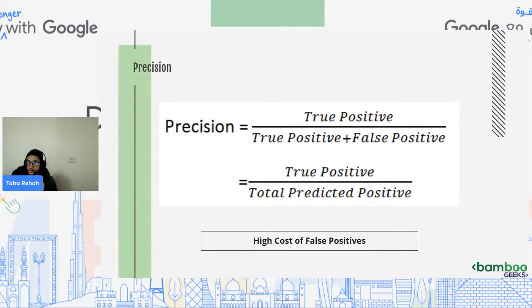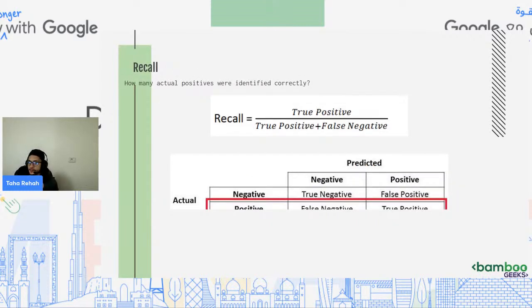Now let's talk about the third metric, which is recall. Recall answers the question of how many actual positives were identified correctly. So let's roll back a little bit to make the image clear.